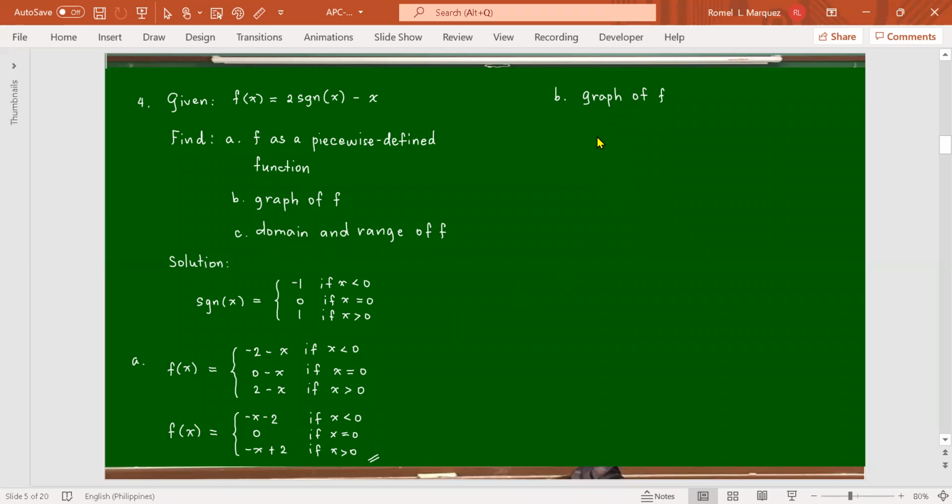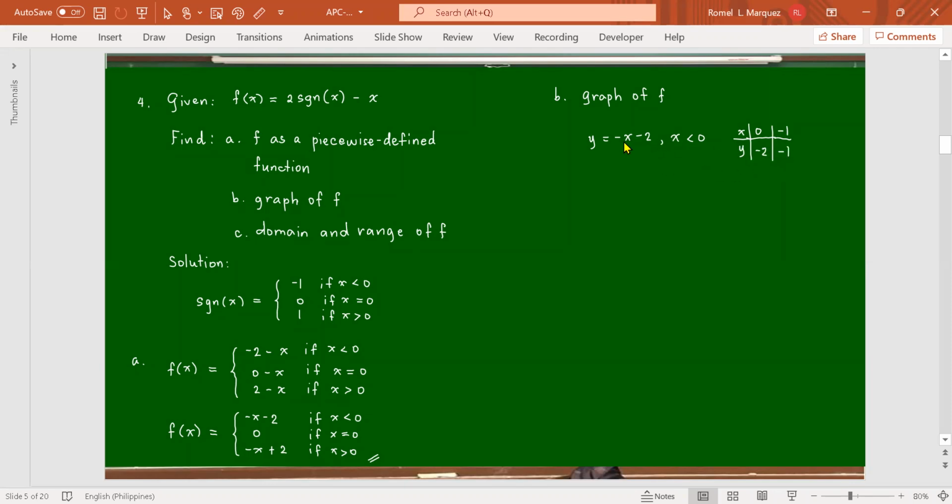So we have y equals negative x minus 2 for the first one, if x is less than 0, so I can assign values. When x is 0, although it's not part of the graph, it is a hole at negative 2. If x is negative 1, y is negative 1.